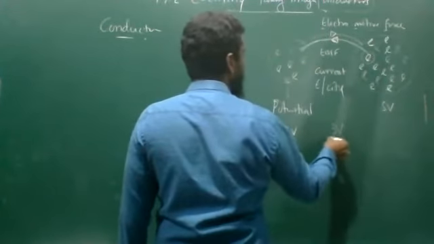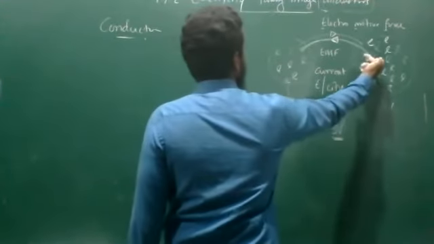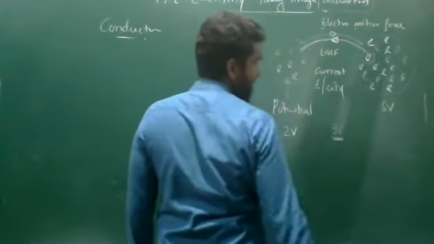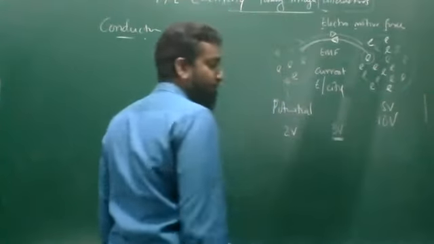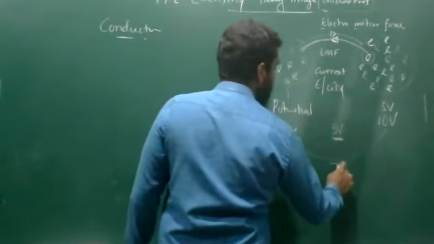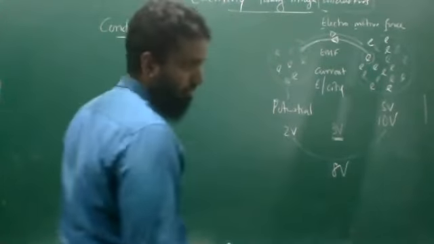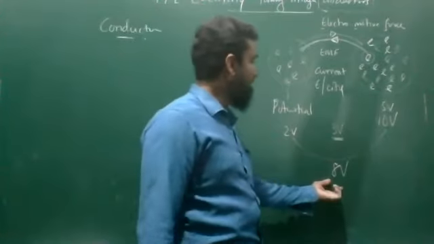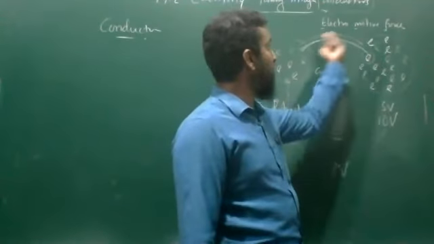For example, if you increase the potential here to 10 volts, then the potential difference is going to be 8 volts.